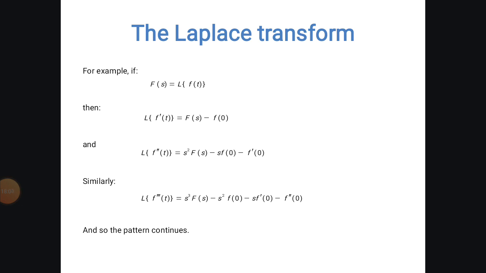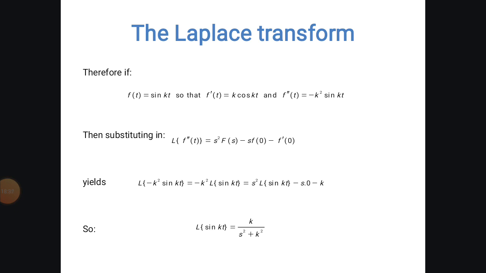Similarly we can define the Laplace transform of f'''(t), it will be s cubed F(s) minus s squared f(0) minus s f'(0) minus f''(0). And so the pattern continues. We can write it for any derivative.